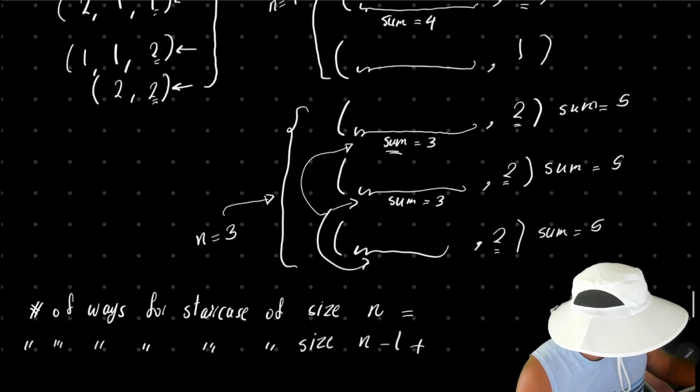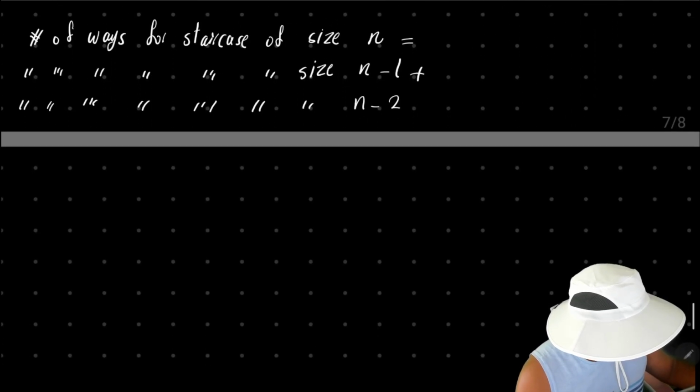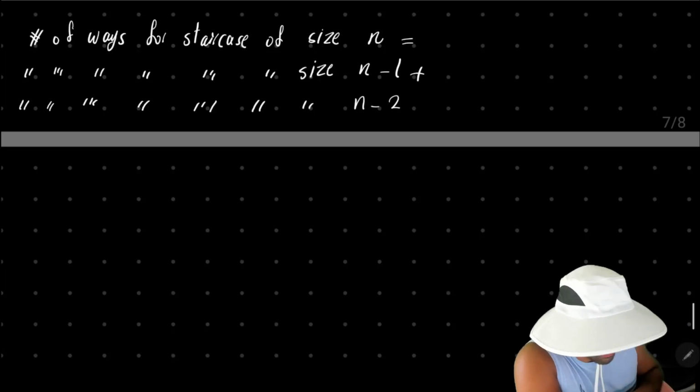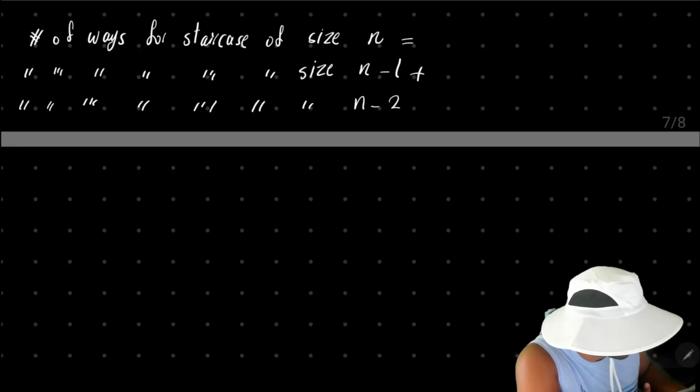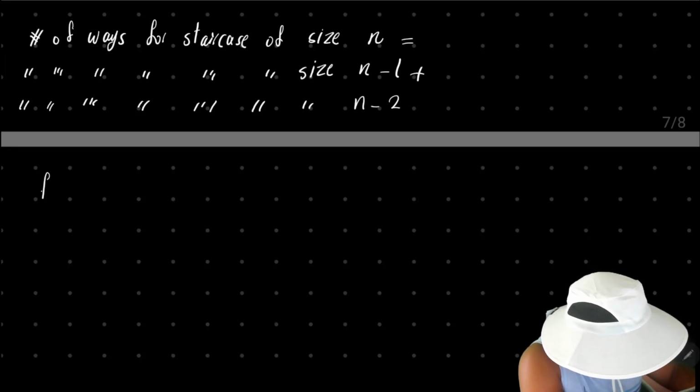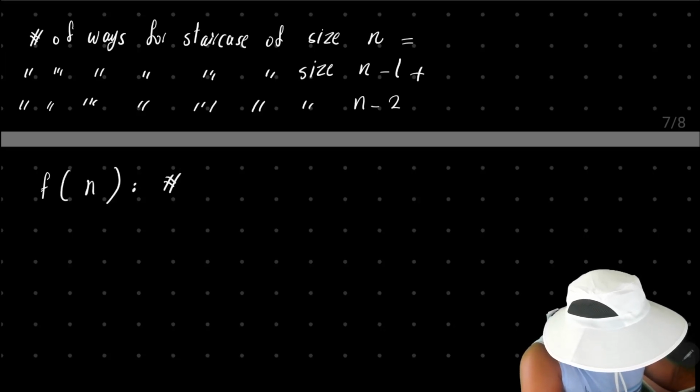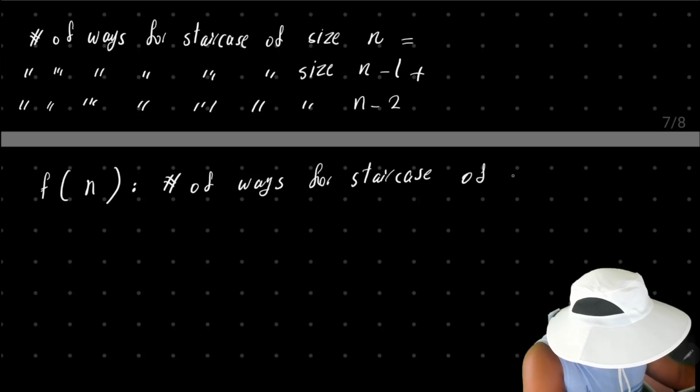So how can we write this more elegantly? I'm gonna use the letter F to represent the number of ways. F as a function, F of n, will be the number of ways for a staircase of size n.